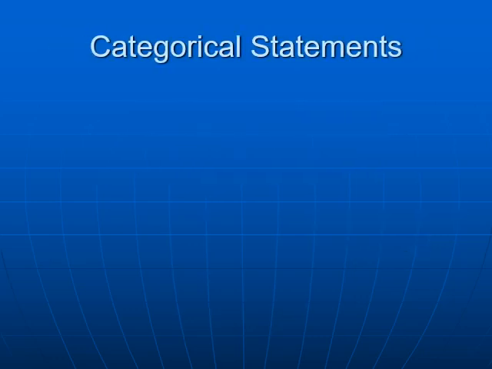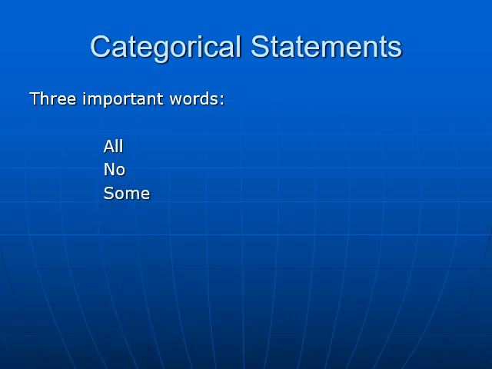We've already been introduced to categorical statements. A categorical statement is one that just relates to categories or classes of things. For example, trees and plants. In order to understand the way categorical statements play a role in categorical logic, there are three important words that you need to remember. The three words are just all, no, and some.